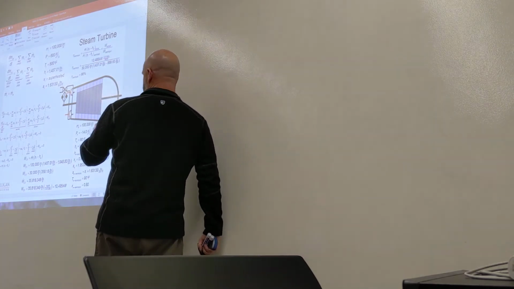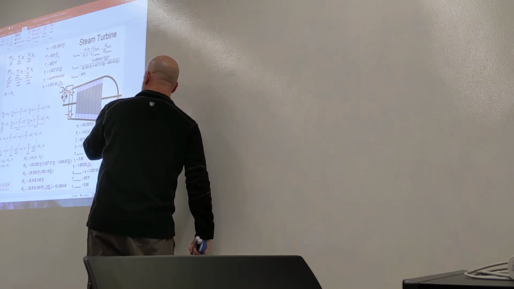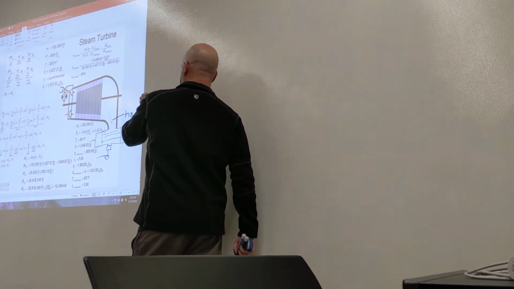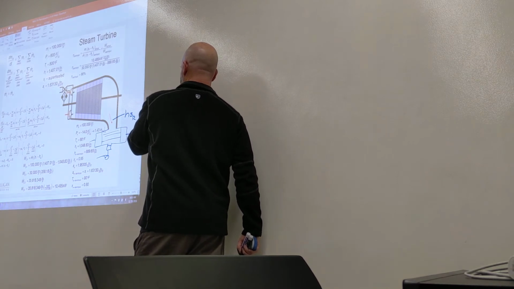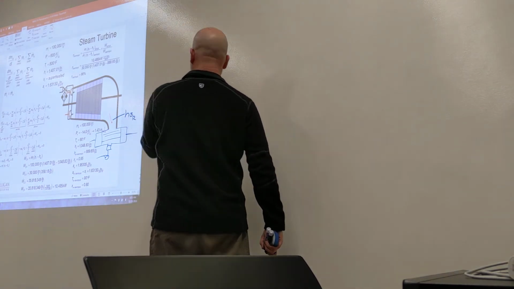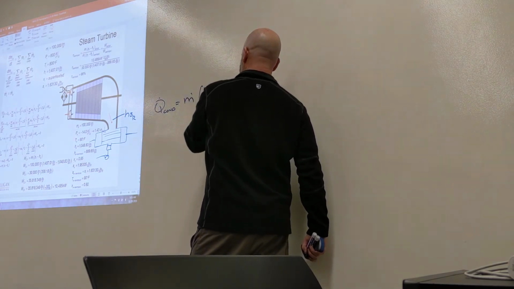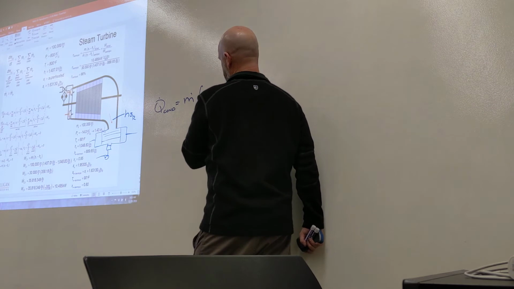And so if we know enthalpy at the exit real, then heat transfer in the condenser is equal to mass flow rate of steam through the condenser times enthalpy entering minus enthalpy exiting.